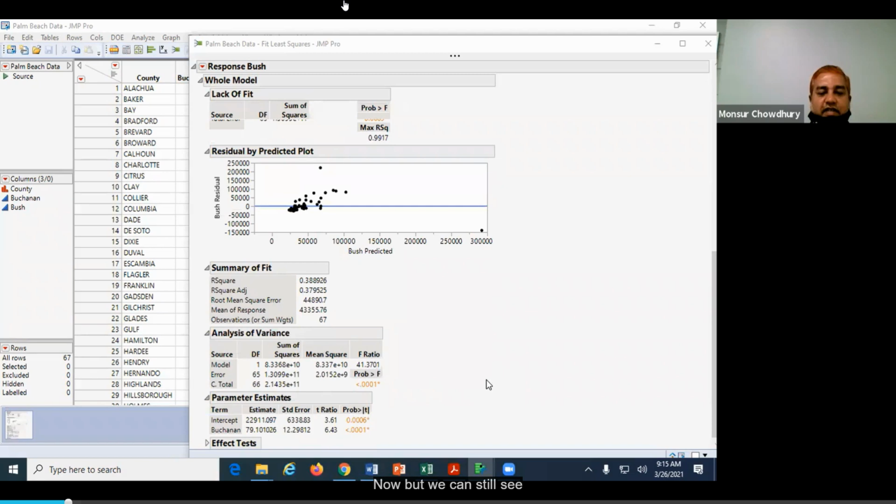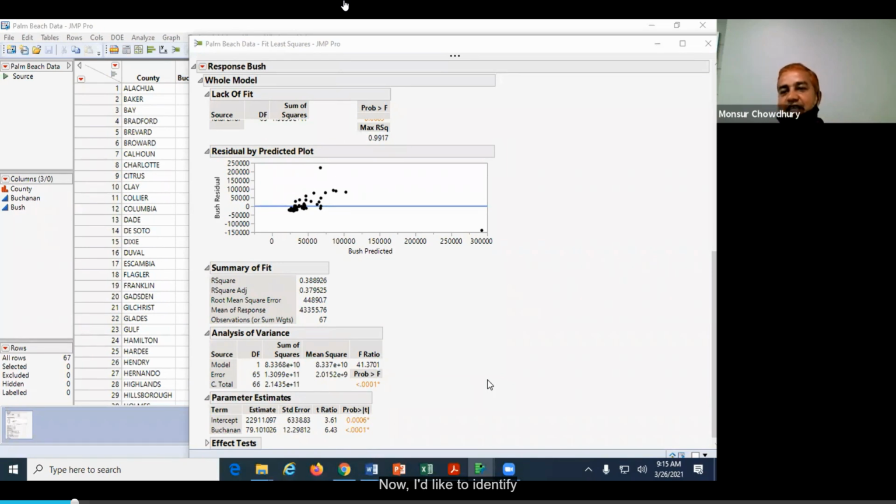But we can still see that there is a significant relationship between the number of votes that Buchanan got and Bush. But the pattern looks like the linear model is not a good model here.